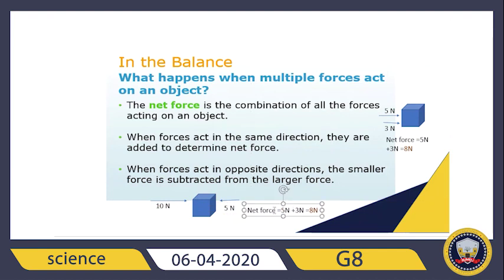Net force that will act on this object is equal to 10 Newton minus 5 Newton. As we said, the smaller force is subtracted from the larger force, and the final answer will be 5 Newton. So guys, this is how we can calculate a net force for multiple forces acting on an object.